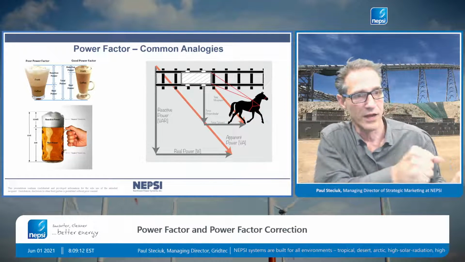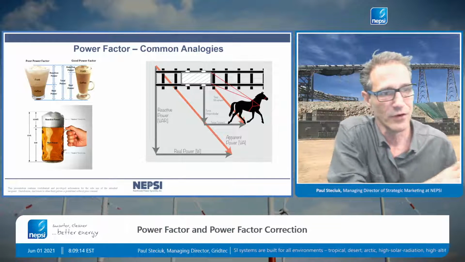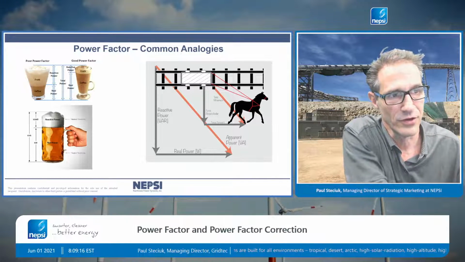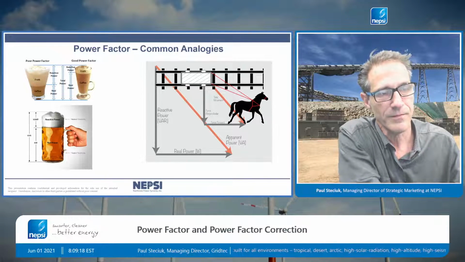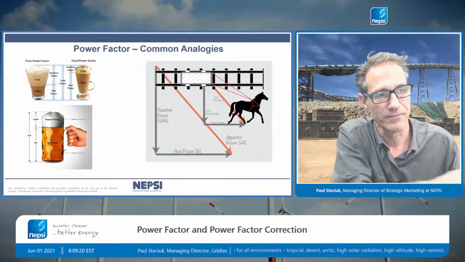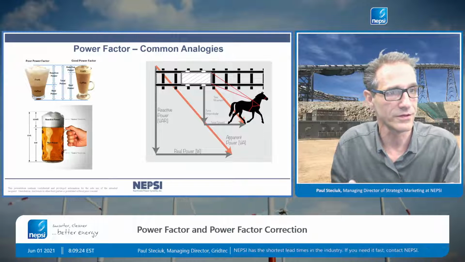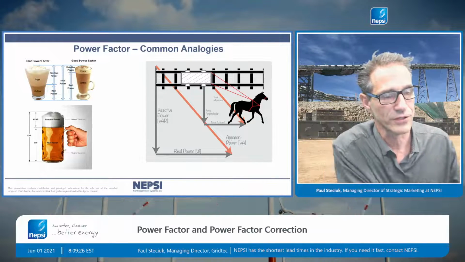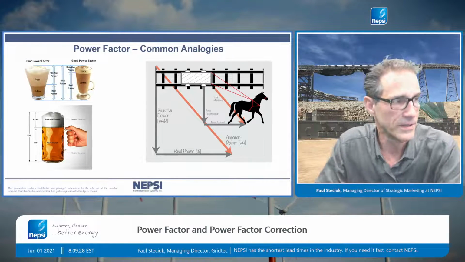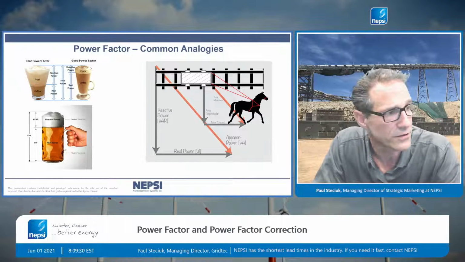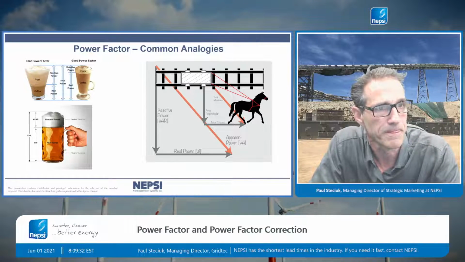If I'm off to the side and I'm trying to push it, I have some that's pushing it sideways. That's really wasted power, and I would call that reactive power. But remember, reactive power doesn't produce any of the forward motion in this case. It's off to the side, it's pushing in the wrong direction. So it's a great analogy, I think, the horse one instead.